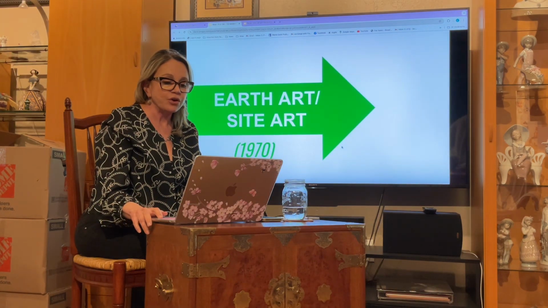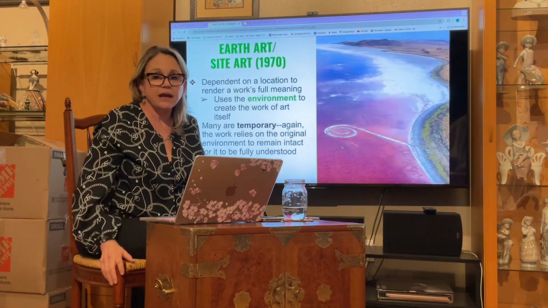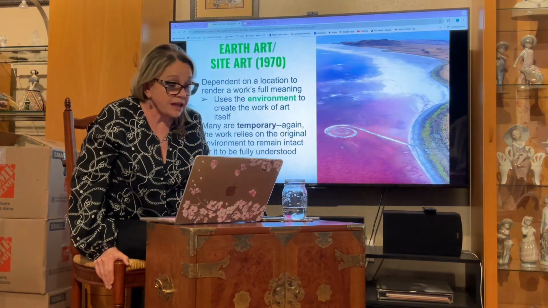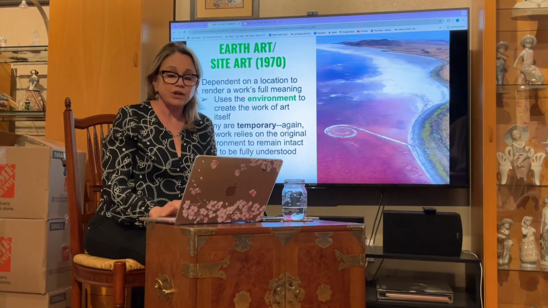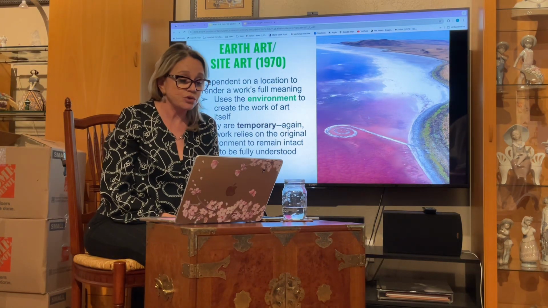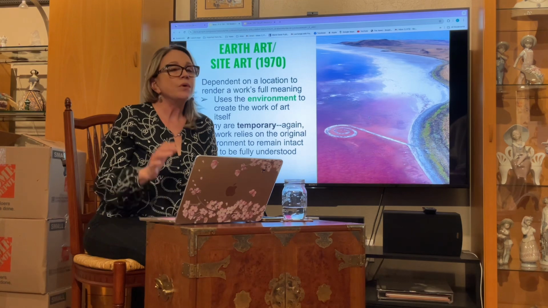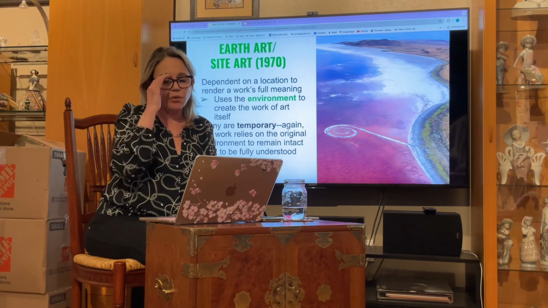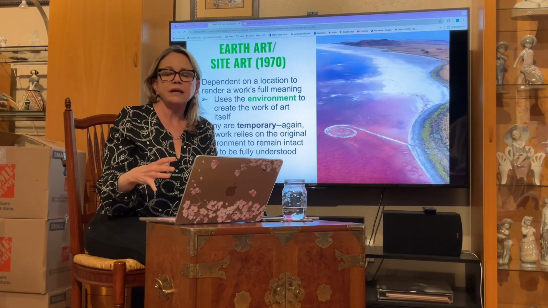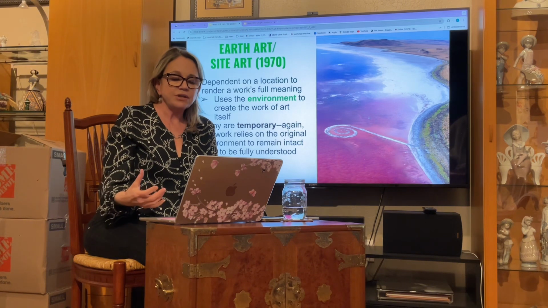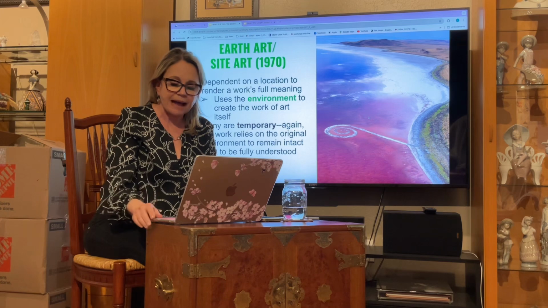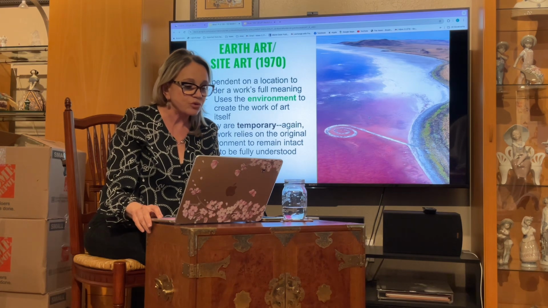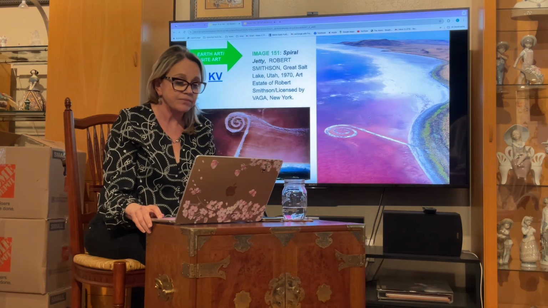And then earth art, or site art, and one of the most famous ones, the one that's in the curriculum, is the Spiral Jetty, which is located in Utah. What happens in earth art is that you take earthen materials and create something with it, and you expect that item is going to change and or atrophy with time.